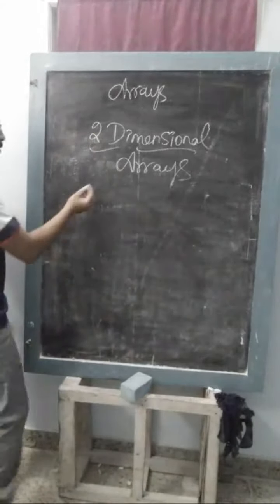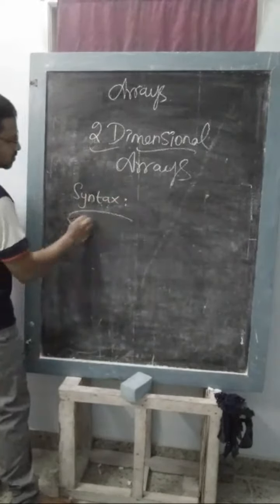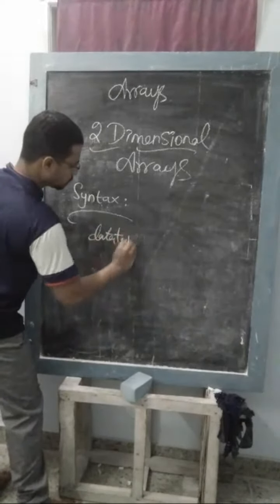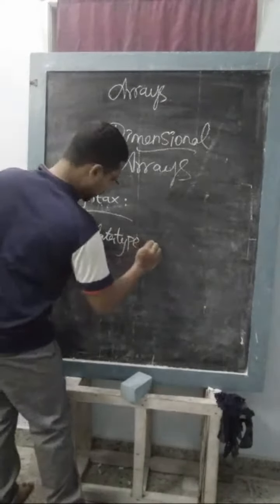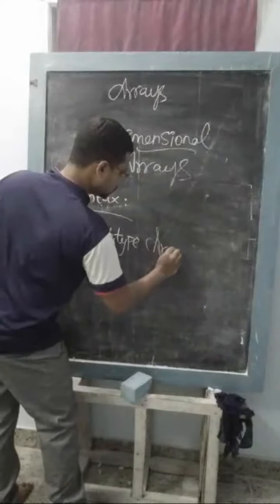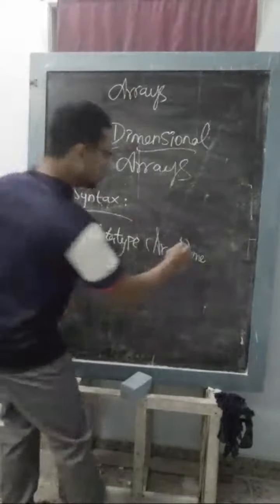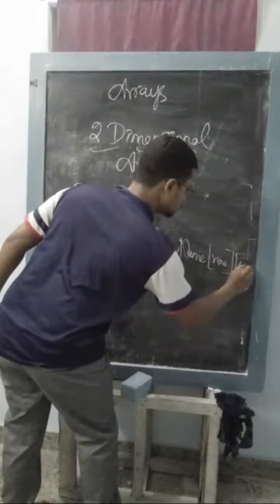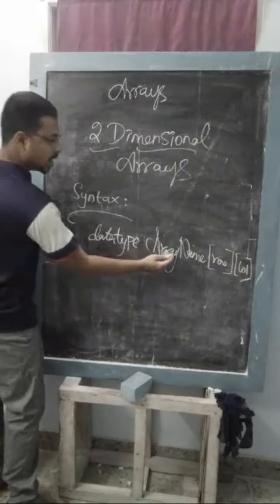So, what is the syntax of two-dimensional arrays? The syntax is data type, that is integer, character, float, double, whatever, then the array name, and then you open brackets for row size and column size, and then a semicolon.